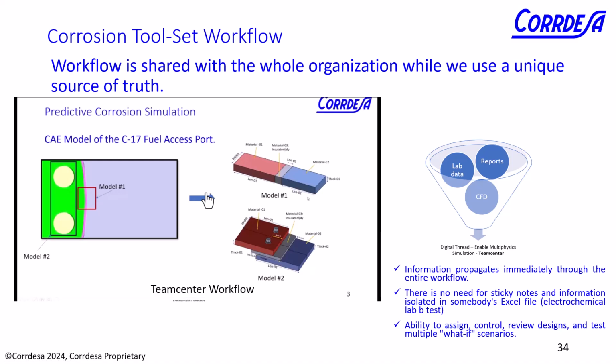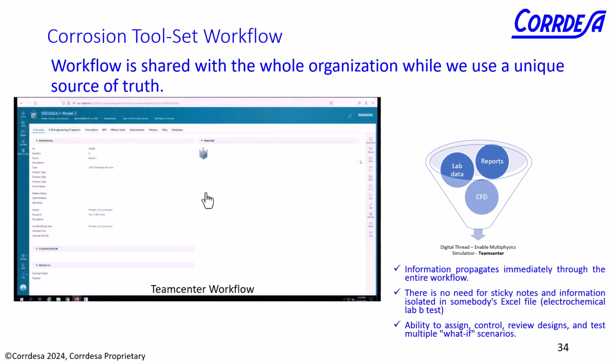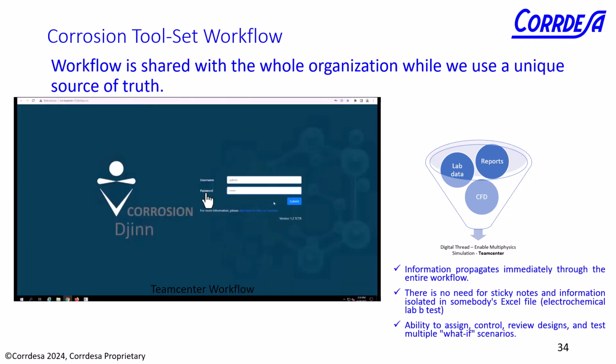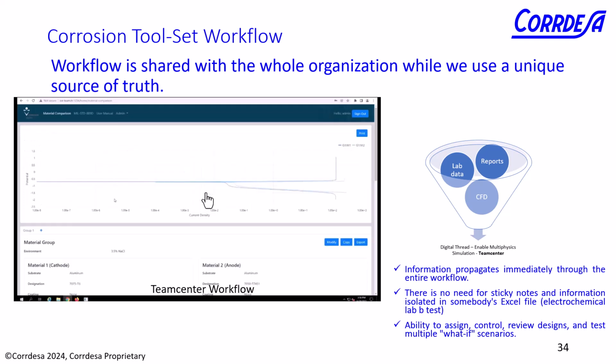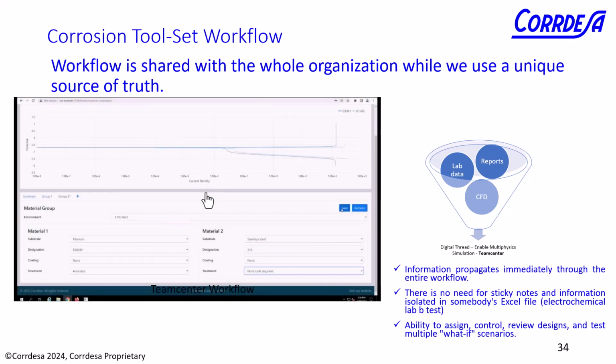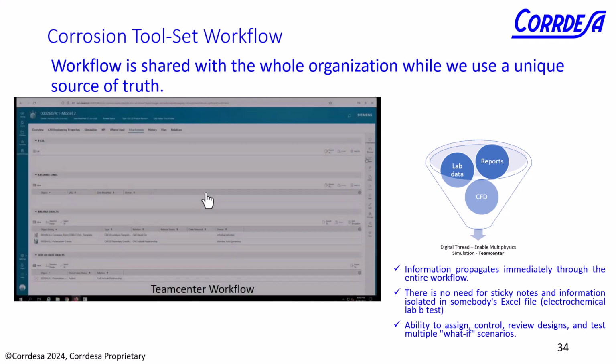Corrosion toolset and workflows: there are ways of deploying this. We've deployed it in Teamcenter. You can see here how we have run the Corrosion Gin in Teamcenter. We can pull in STAR-CCM+ in Teamcenter. All managed, everything all in one place: your electrochemical database, your results, all the simulation files and so on. By managing it in that kind of environment, you don't lose the data, and you can just build on that knowledge base.